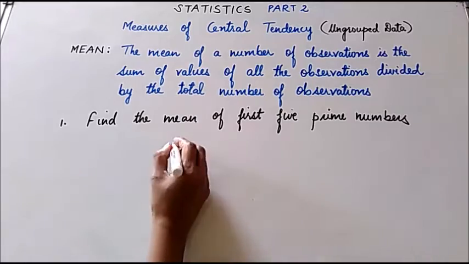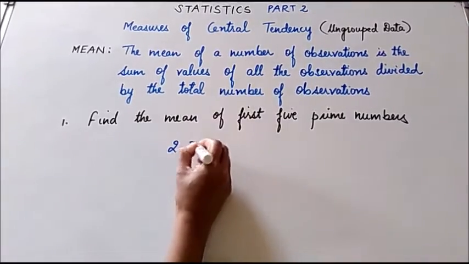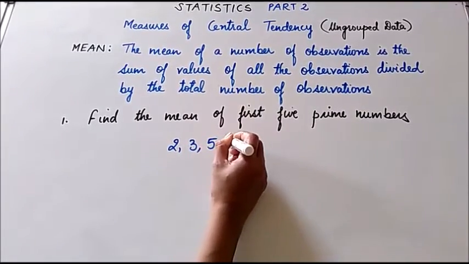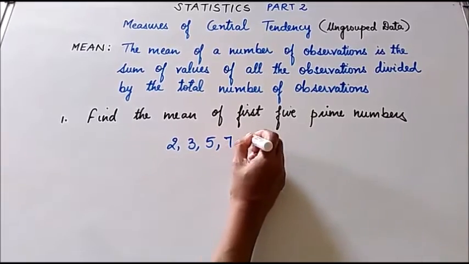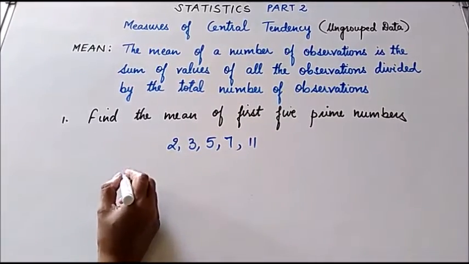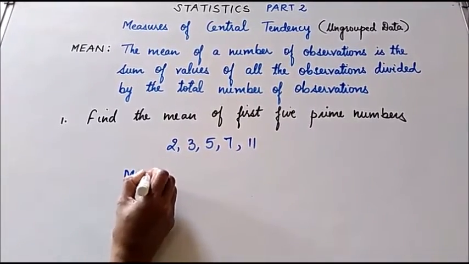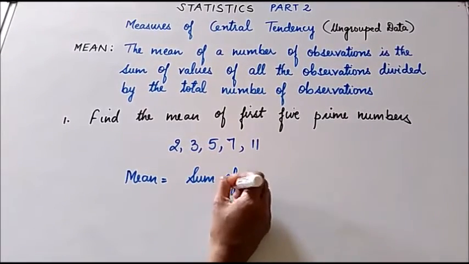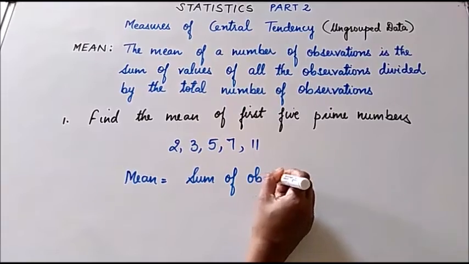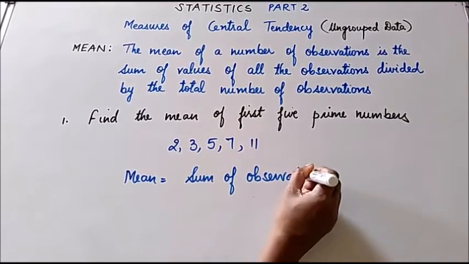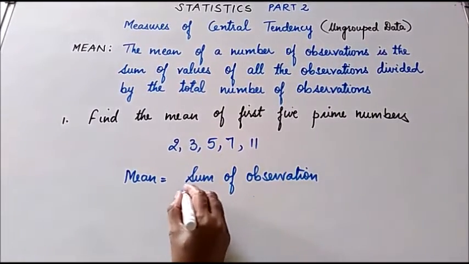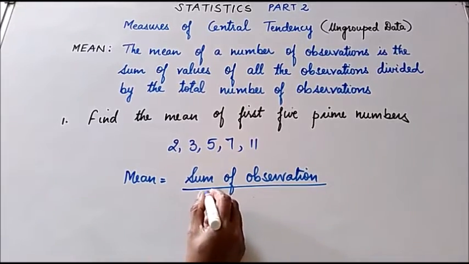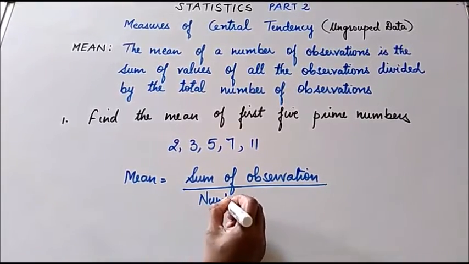They are 2, 3, 5, 7 and 11. So here we have mean is equal to the sum of observations divided by the total number of observations.